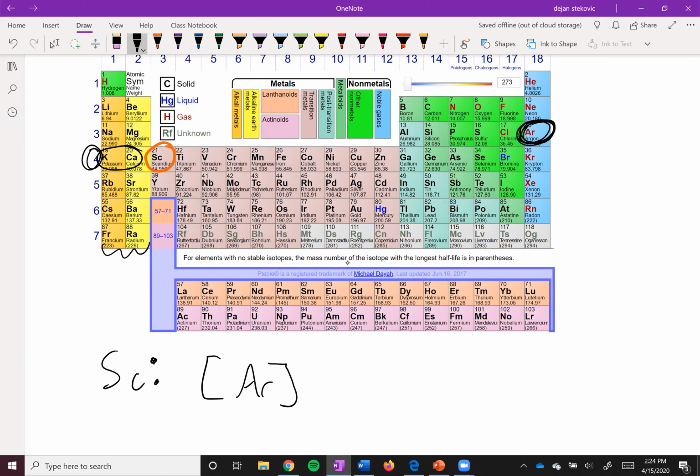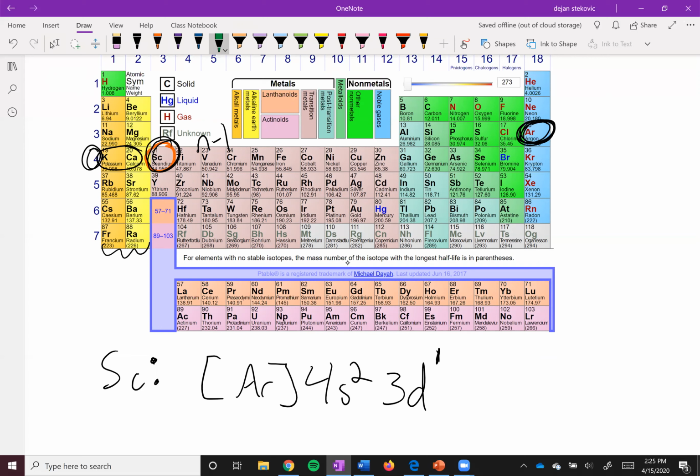Both of these are filled, 4s2, right? And now we get to this one right here. We're in the D block, so we put D. And remember, this is N-1. So instead of being 4, this is 3. So 4s2, 3d. And then how many electrons in this D orbital? Just 1 in this case. So there's that for that.